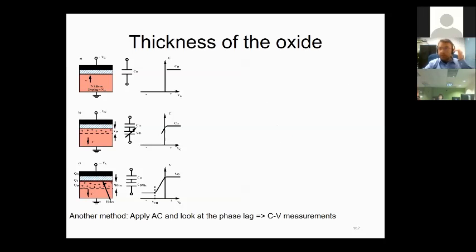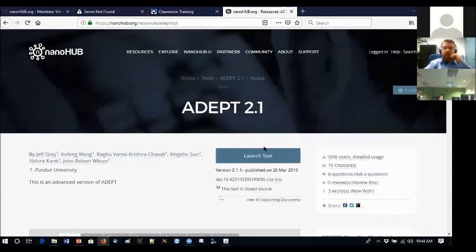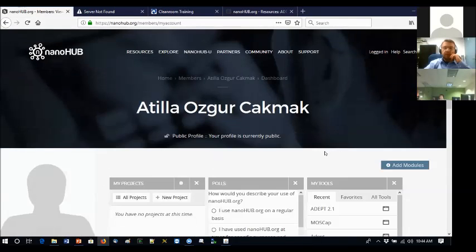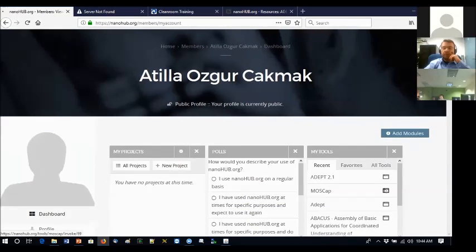But the best way is, of course, characterizing the oxide based on capacitance measurements, the capacitance-voltage measurements. We already looked at that yesterday. I'll just very quickly remind you that we used another NanoHub software, this time MOSCAP.